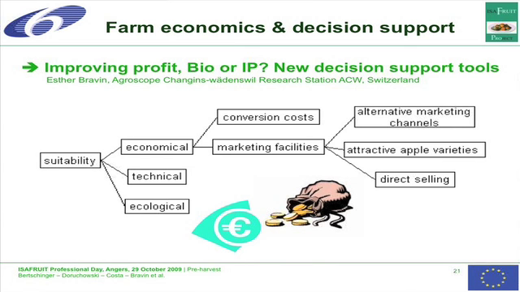So the tree that you see here, the decision tree, is just one representation of some of the decision support tools that they develop for making sure that the technology that we develop is also feasible and economical, because we may have the best achievements with regard to any trait we look at, pesticide reduction or improvement of quality through thinning. If it's not economically feasible, it won't happen. So this is a very important element also in Isofruit.